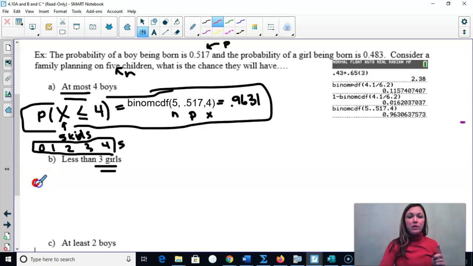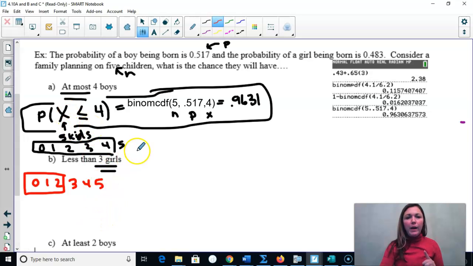We could have 0 girls, 1 girl, 2 girls, 3 girls, 4 girls, or 5 girls. What do I want? I want less than 3. That's 0, 1, or 2. So how am I going to write this probability statement? I'm not going to write it as the probability that X is less than 3.